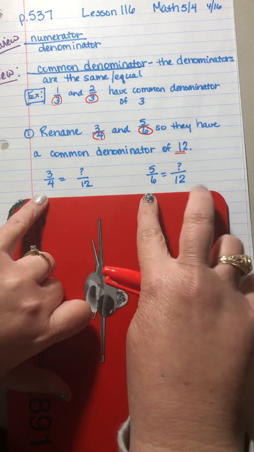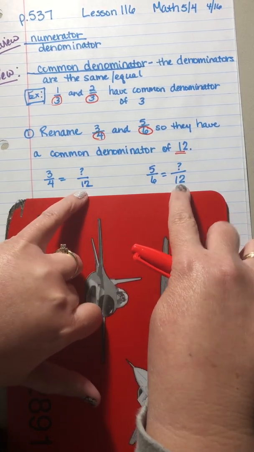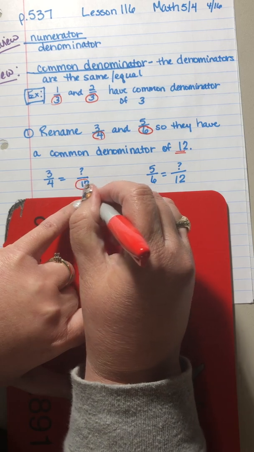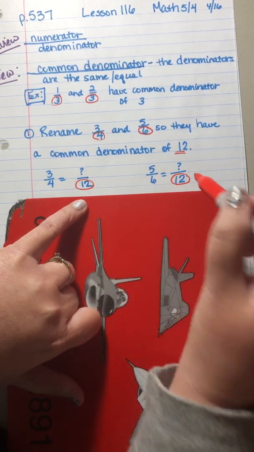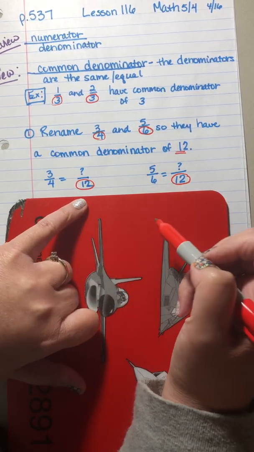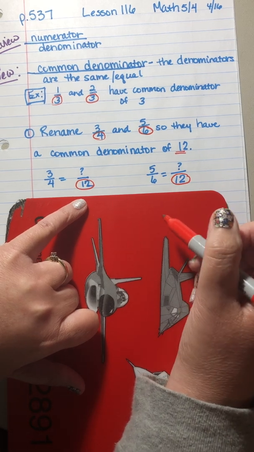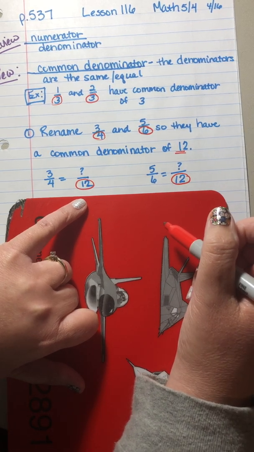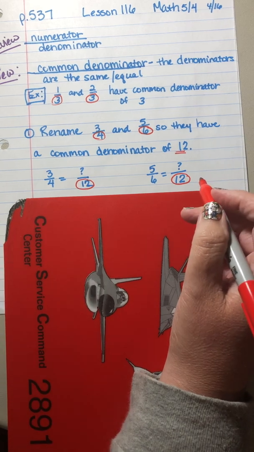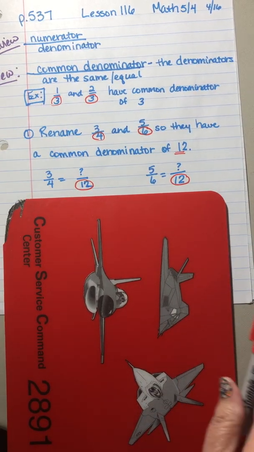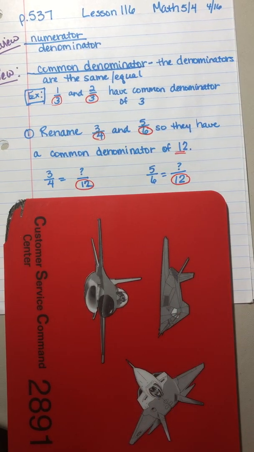When we're done, those two fractions will have a common denominator, or an equal denominator, of 12. We've done this before, on lesson 115.